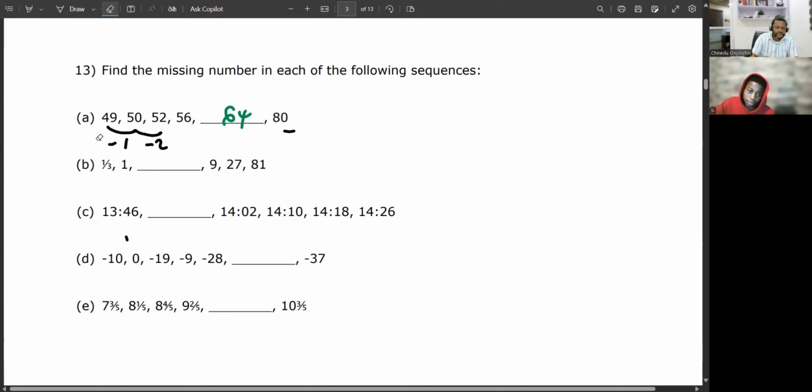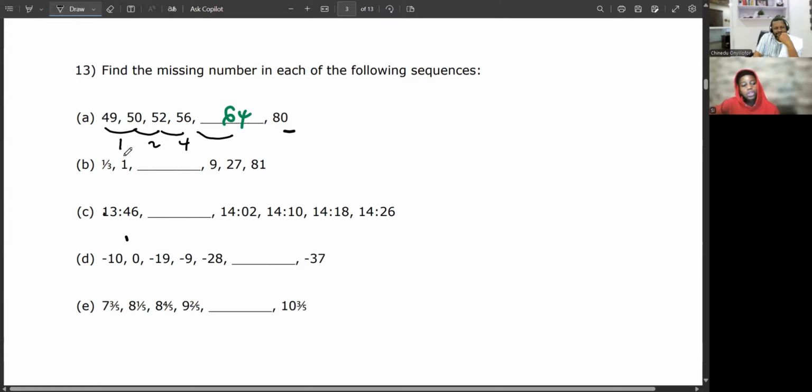Yes, sorry, I was just looking at it the other way around. So the first number goes up by 1, the next goes up by 2, the next goes up by what? 4. The next is going to go up by what? 8. No, 6. Sorry.